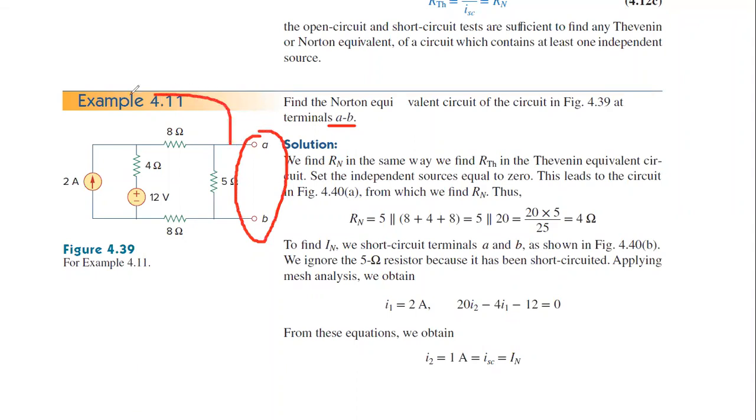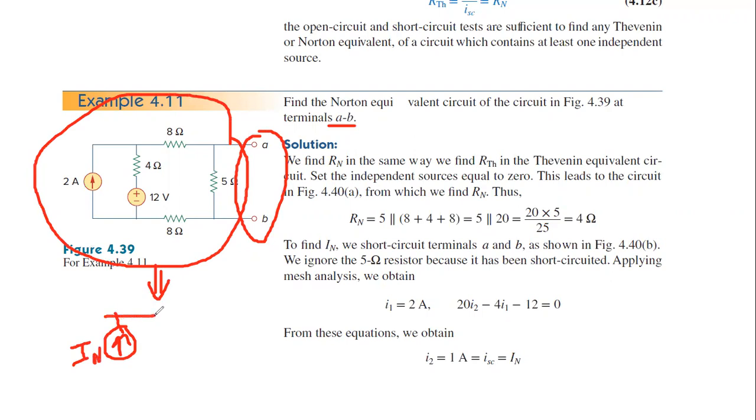Meaning the entire circuit you need to convert into IN, which is in parallel with the resistance Rn. Here the A and B terminals should be there.